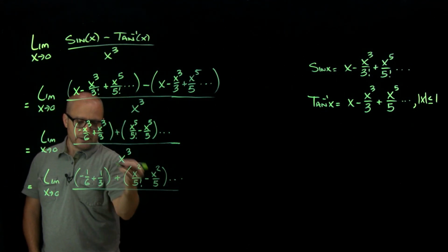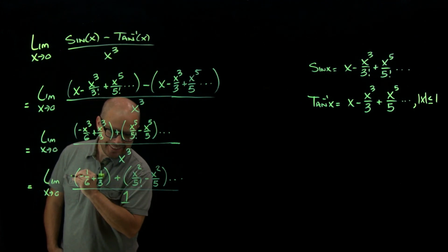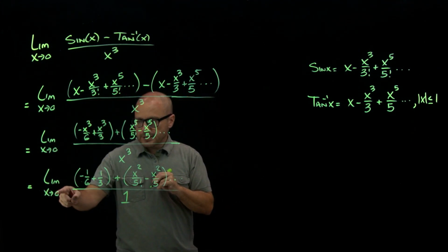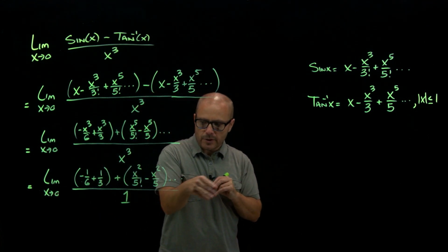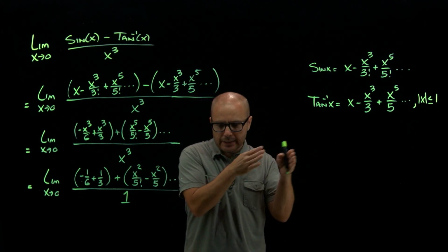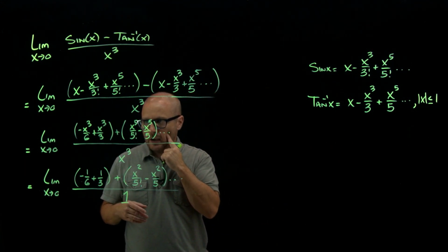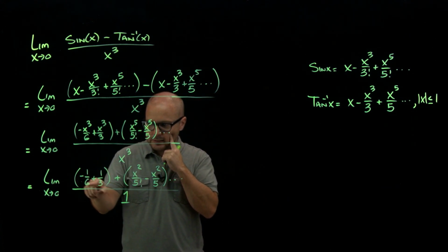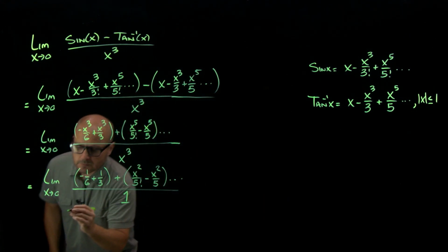Oh yeah, and actually that canceled. I didn't have to write a fraction. I'll just write that as 1. Okay, notice now, as x goes to 0, all these other terms, there's going to be an x squared term, an x to the 4th, an x to the 6th, an x to the 8th, but those are all headed to 0. The only thing we're left with is this constant up front.